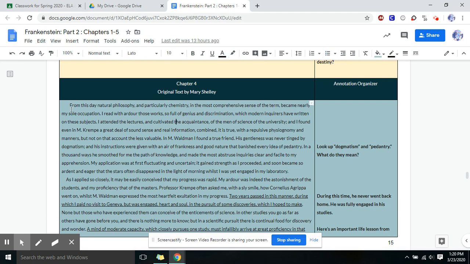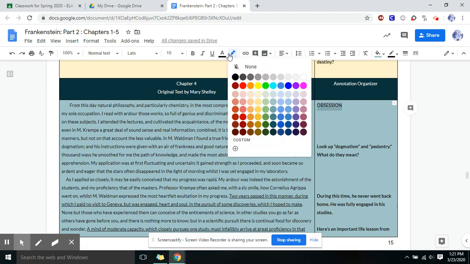Chapter 4 is mostly about his obsession with science and how that is developing. As we look through the text, the same 4 themes will apply throughout the entire book, but we're going to see a lot more about this obsession. I'm putting this over in the side.